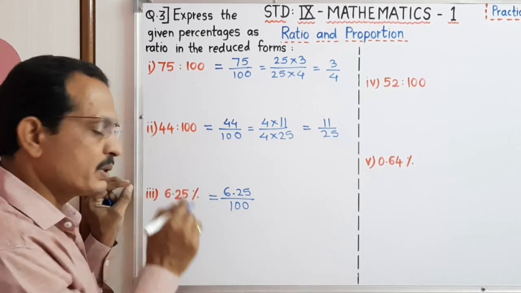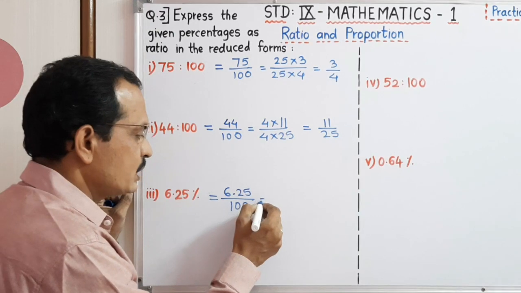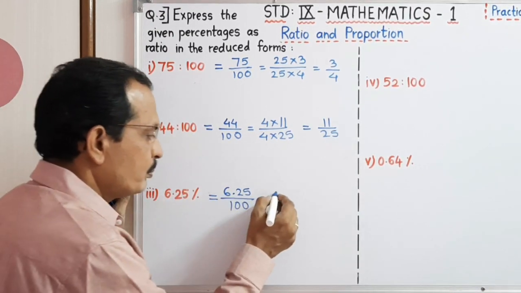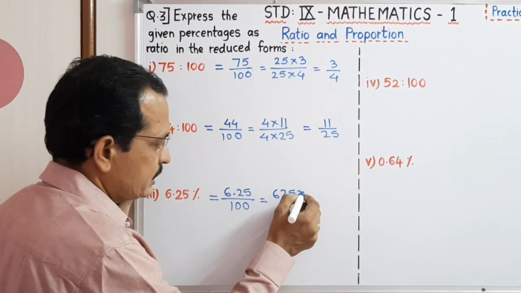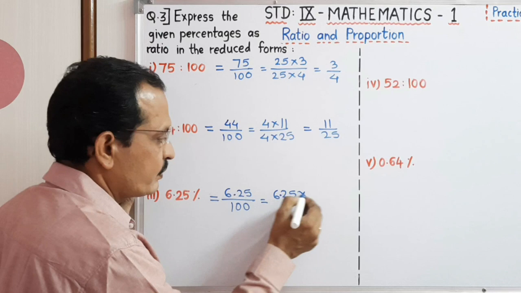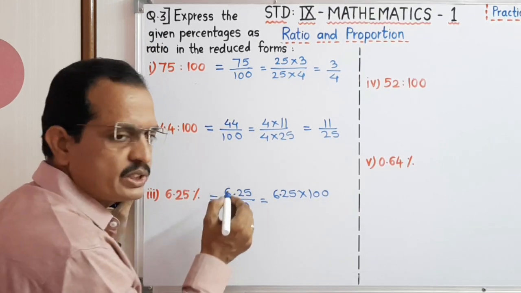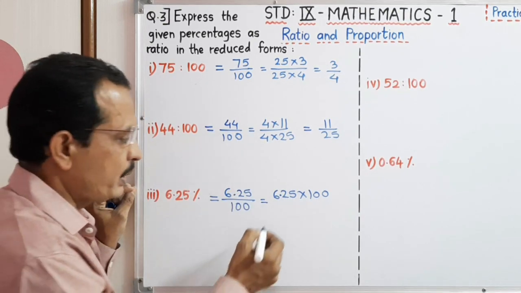Without using this percentage symbol, we can write it 100. Then, dear student, first of all, we have to remove this decimal. Therefore, 6.25 into 100, because after the decimal point 2 digits are there, and if we have to remove that, we have to multiply by 100.